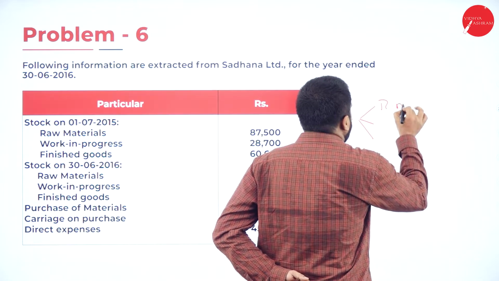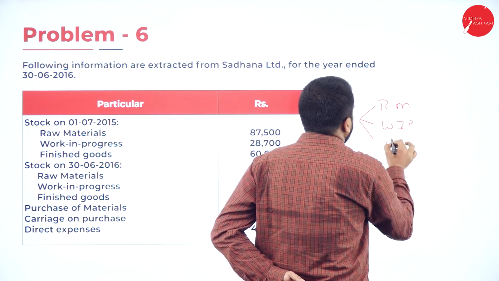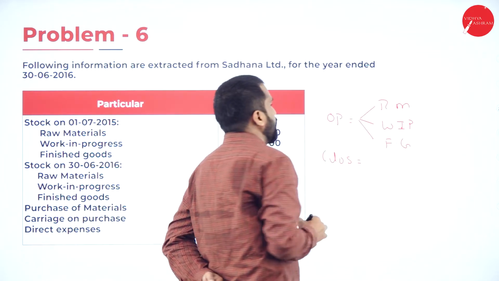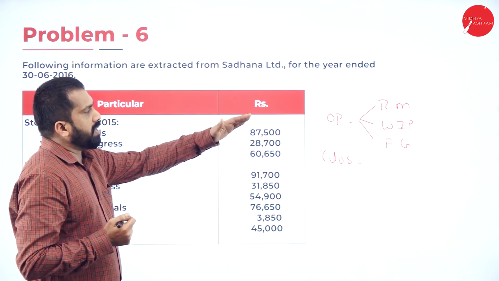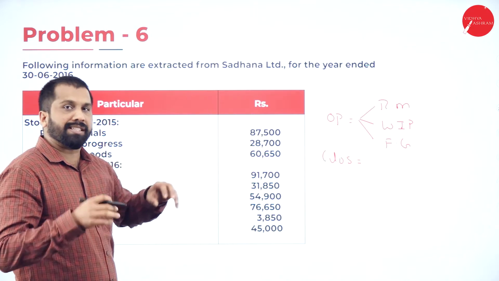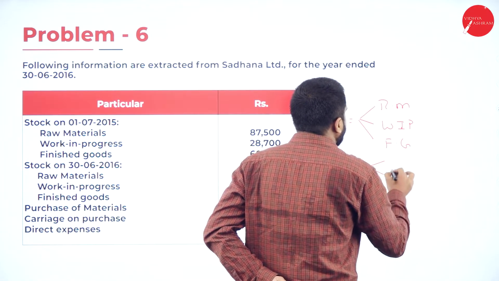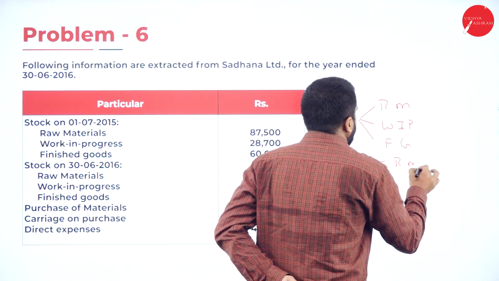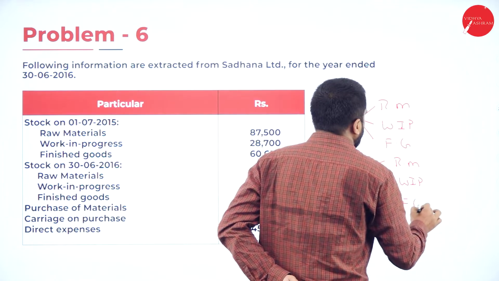So how many items? Three: raw material, work in progress, finished goods. Similarly, in the closing stock, we have three things: raw material, work in progress, and finished goods.